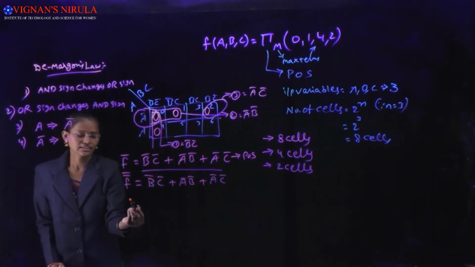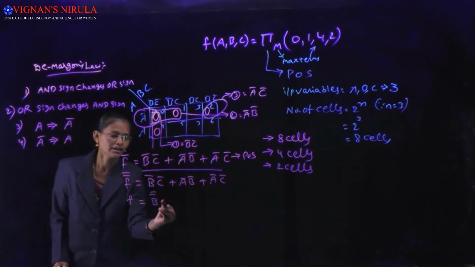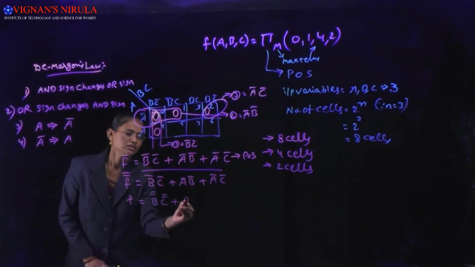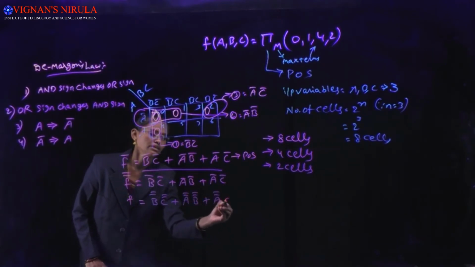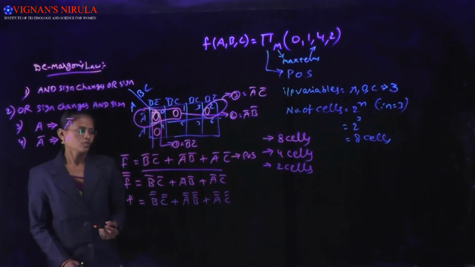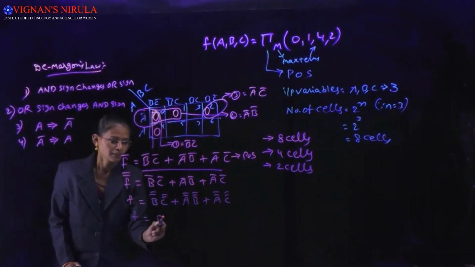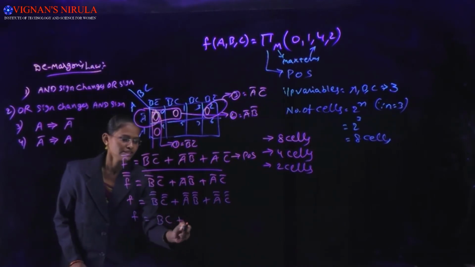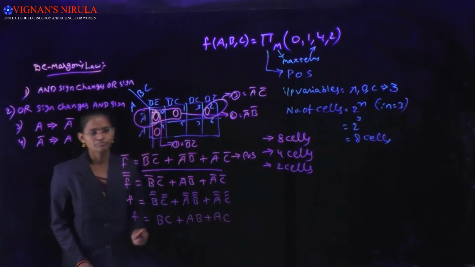F double bar is F, equal to B double bar C double bar plus A double bar B double bar plus A double bar C double bar. Then it is F equal to B C plus A B plus A C.